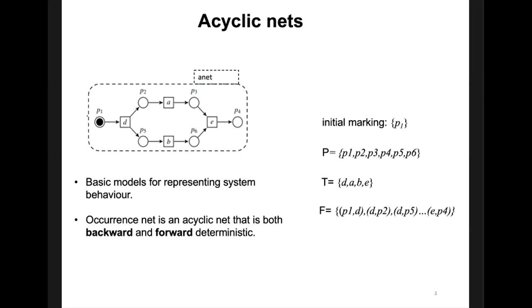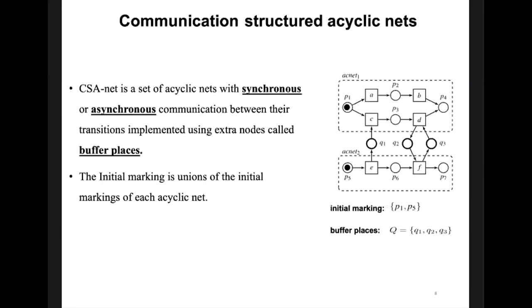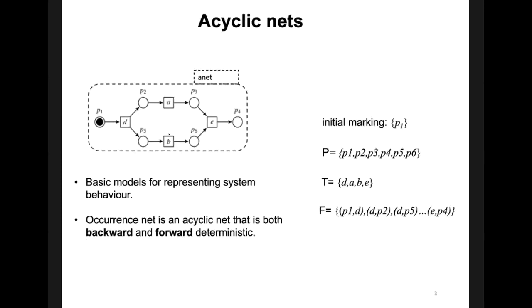It includes a set of places which indicate system status, represented as circles. For example, here B1, B2 until B4. And transitions, represented as squares, indicate the transition from one state to another, and the flow relation connects these places together with the transitions.